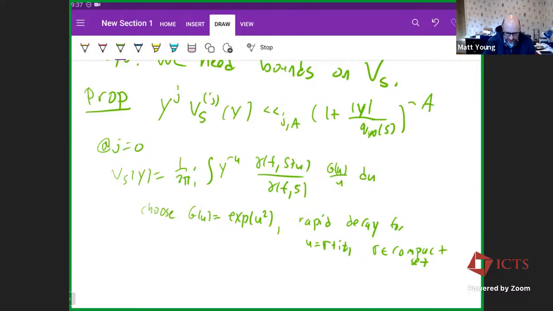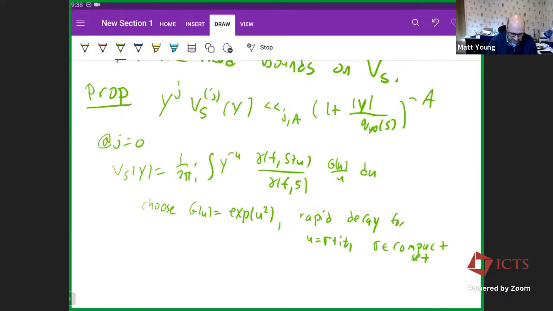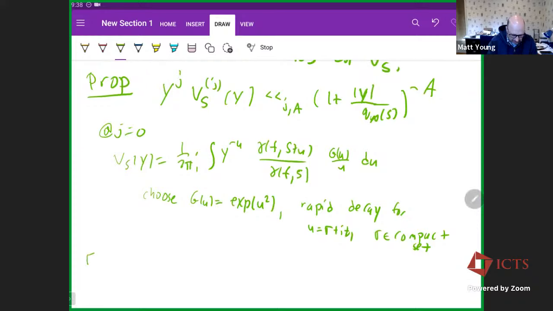If s is just fixed, like s equals a half, then you don't even need to do this. You could just choose G of u to be the constant function 1, and you've got v sub 1/2 of y is this pretty simple function, y to the minus u.